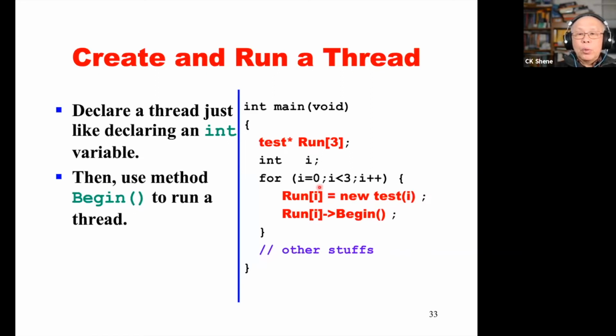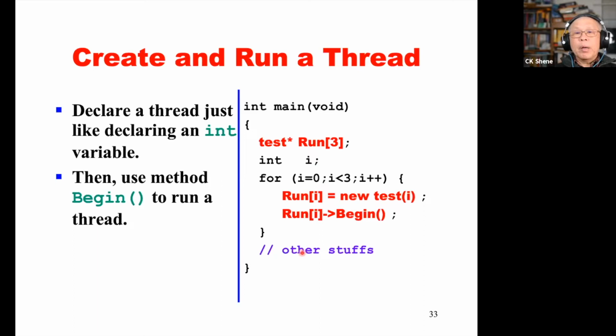In this way, the main program creates the first class, runs it, and goes back for the second iteration, creates the second thread, runs it, and then creates the third class and runs it. After creating all 3 and running all 3, we are here.